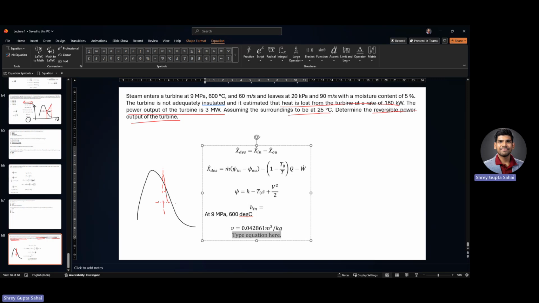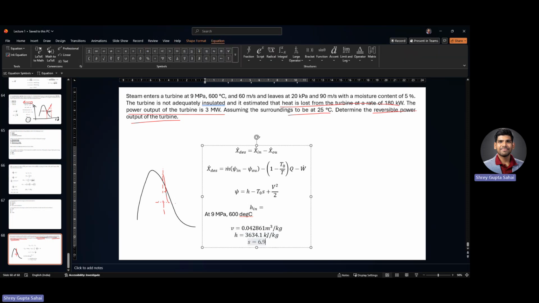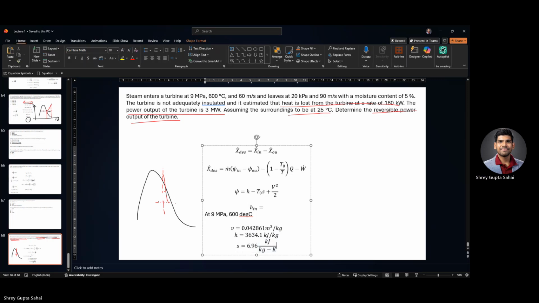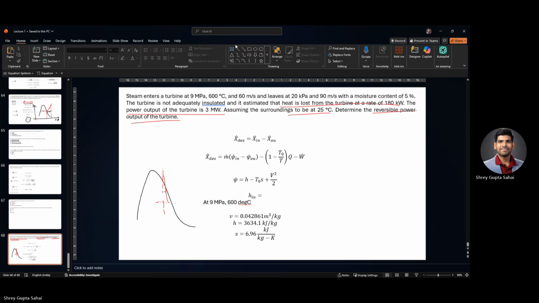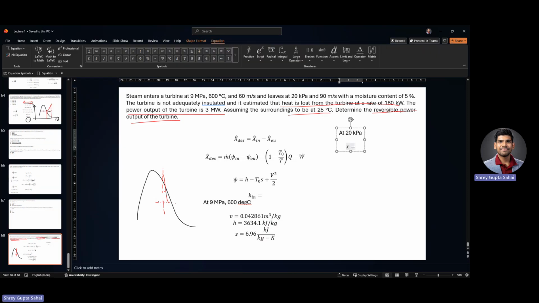We also have H, which is 3634.1 kilojoule per kg, and S is 6.96 kilojoule per kg K. Now, at 20 kilopascals, X equals 0.95. Let's also figure out first of all T.